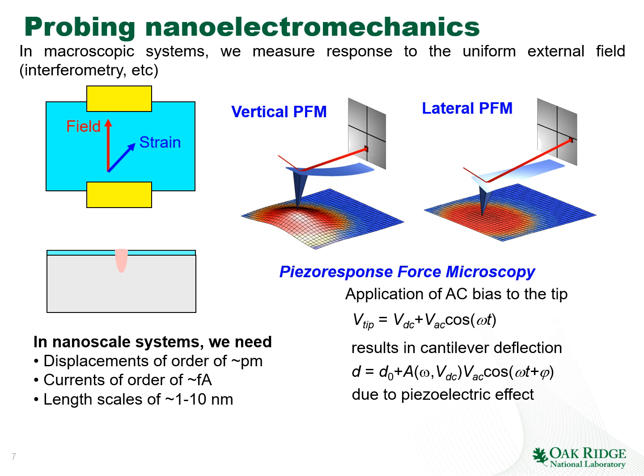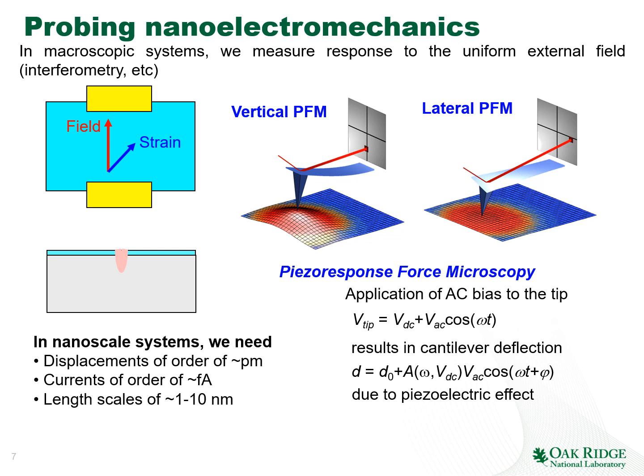The technique called piezoresponse force microscopy allows us to do exactly that. The main idea of PFM is having the classical AFM setup, so you have a cantilever, you have a tip, you have a laser beam that reflects off the cantilever. We apply the electrical bias to this tip, and the application of the electrical bias creates the electric field inside the material.